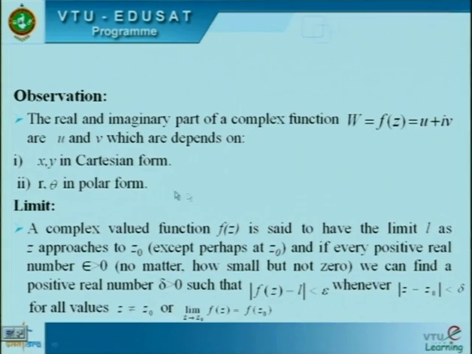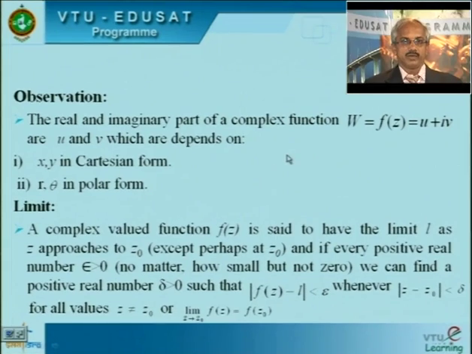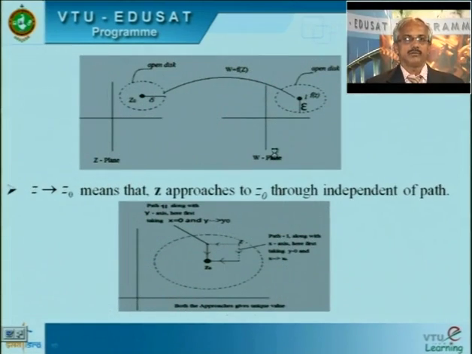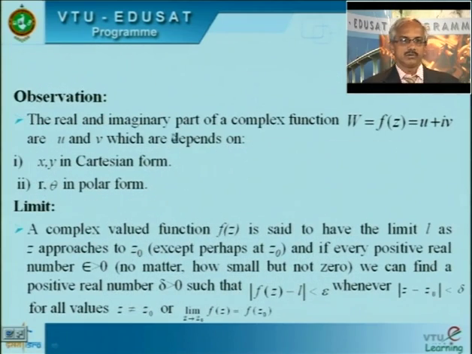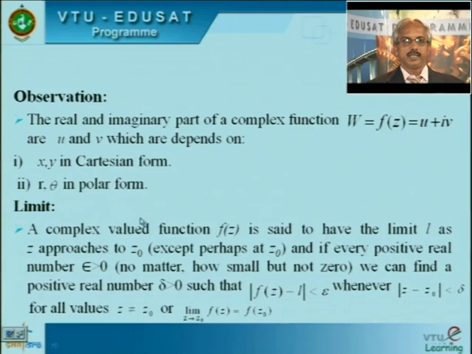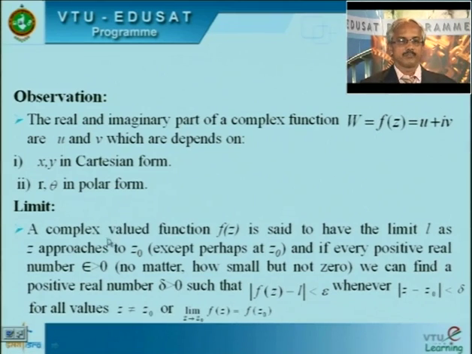Once we have defined a function, then we can find out a limit case. Because this function is defined, we have to see how the limit exists in this complex function. A complex valued function f of z is said to have the limit L as z approaches z naught, except perhaps at z naught.